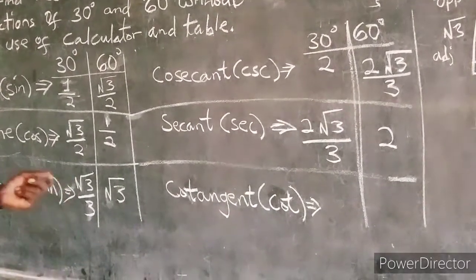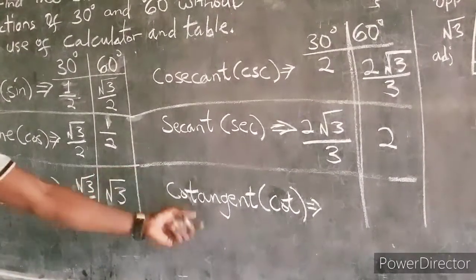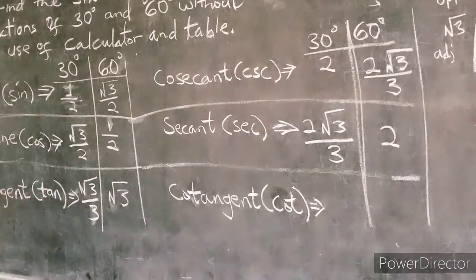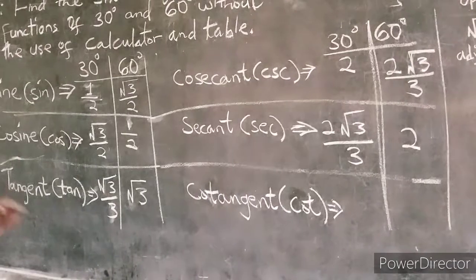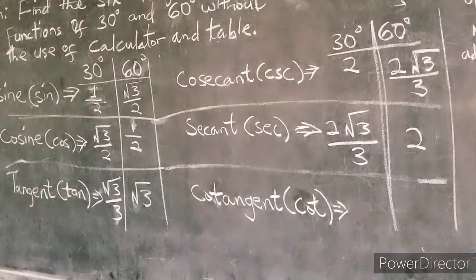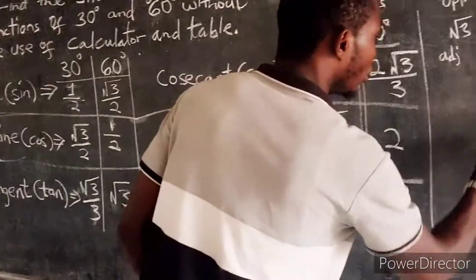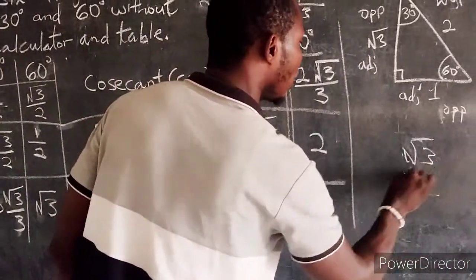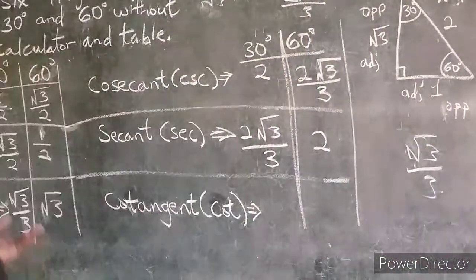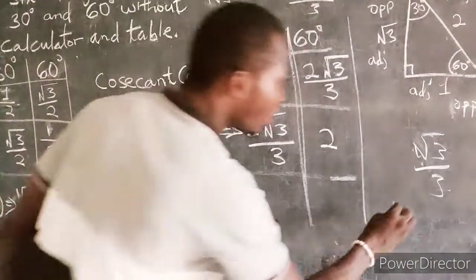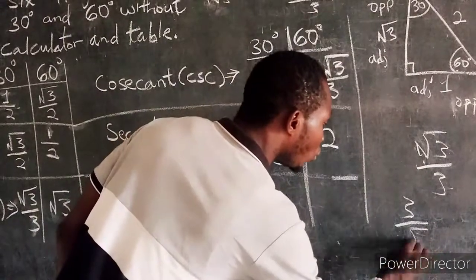And so it means that for cotangent 30 degree, we will just have the opposite of tangent 30 degree. So since tangent 30 degree is the square root of 3 over 3, therefore cotangent 30 degree would be 3 over the square root of 3.